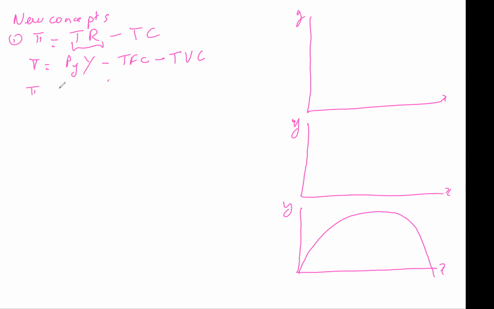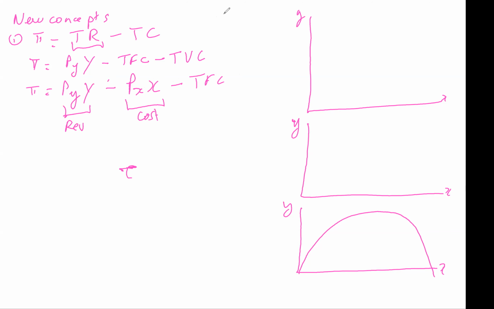And we can also write it as PY times Y, minus PX times X, that's my variable cost, minus total fixed cost, right? So my revenue is this, and this is my cost.